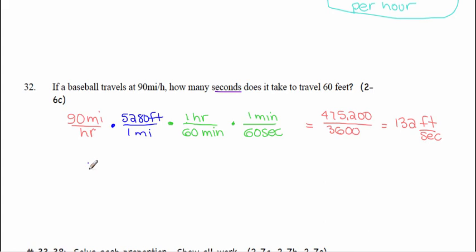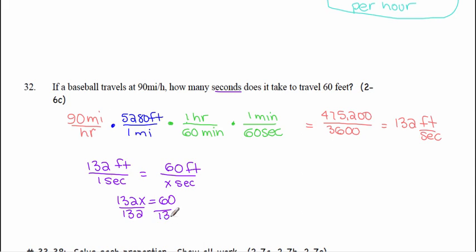So if I have 132 feet traveling in 1 second, the question is how many seconds, so this is my x, does it travel 60 feet? So I'm making a proportion. And now let's solve this by cross multiplying. I have 132x equals 60. Divide by 132. I have x is equal to 0.45 seconds.